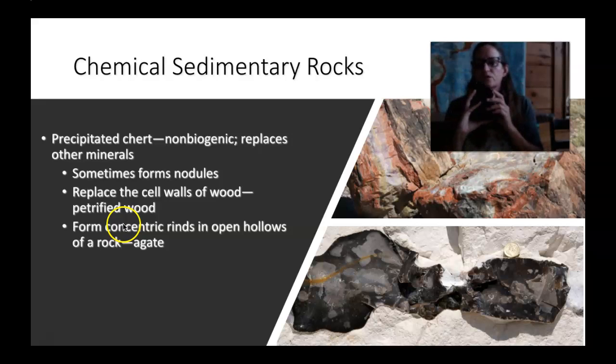Petrified wood occurs when that silica-rich water essentially deposits chert in the pore spaces. This is the bark of the tree trunk, but it's been replaced by chert that was flowing through it. There are also some nodules here. Those nodules formed in a cavity within the pre-existing rock.